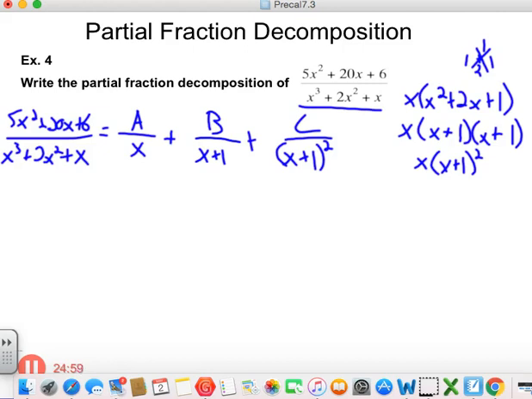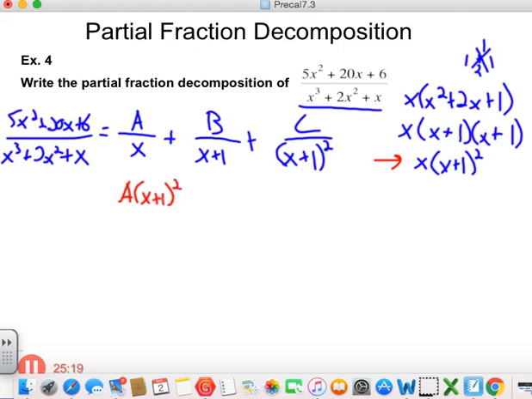My least common denominator right here is x times x plus 1 squared. So for this first partial fraction, what would have to multiply that denominator to make it x times x plus 1 squared? Well, it needs an x plus 1 squared. So I would have to multiply A by x plus 1 squared.